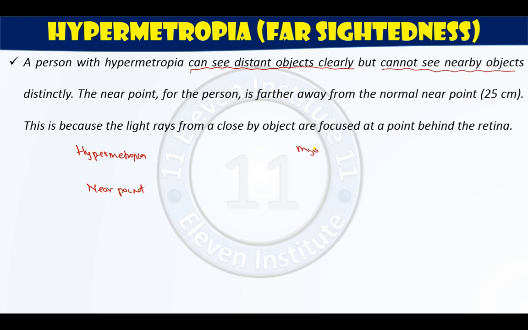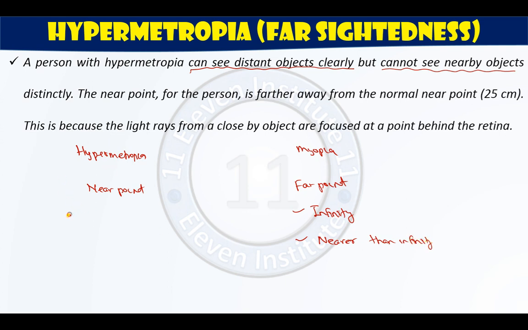In case of myopia, the problem was with the far point. For the normal condition, the far point is infinity, right? But for myopia, it is nearer than infinity.